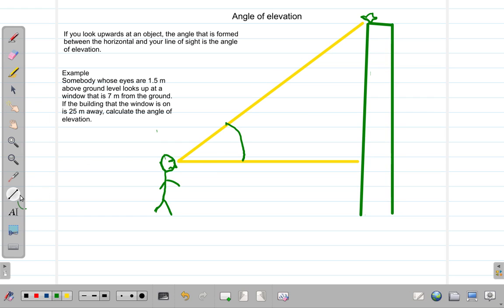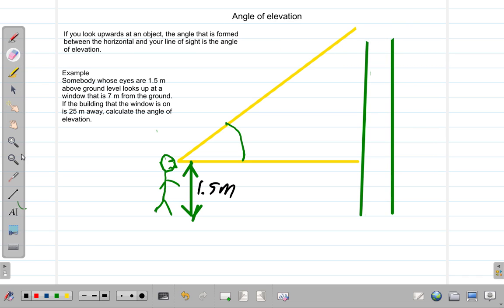Now, what this is saying is that this height here is 1.5 meters. The window is 7 meters above the ground. Let me adjust the drawing here.